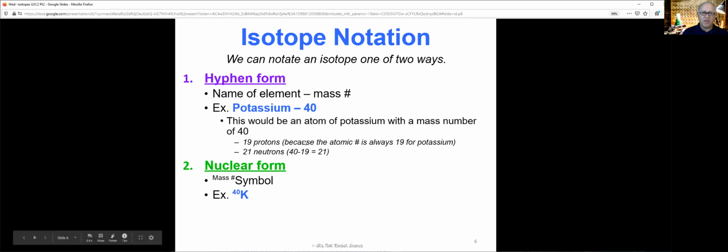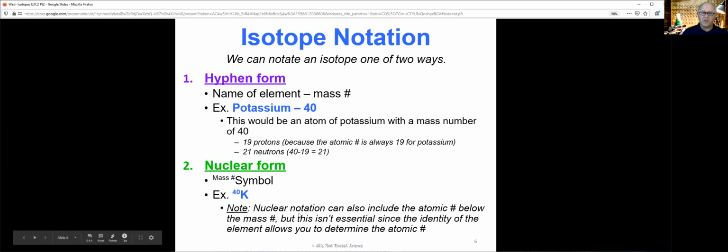So for example, potassium will show the elemental symbol with a superscript 40 on the upper left. Now, the nuclear notation can also include the atomic number below the mass, but it isn't essential since the identity of that element allows you to determine the atomic number.